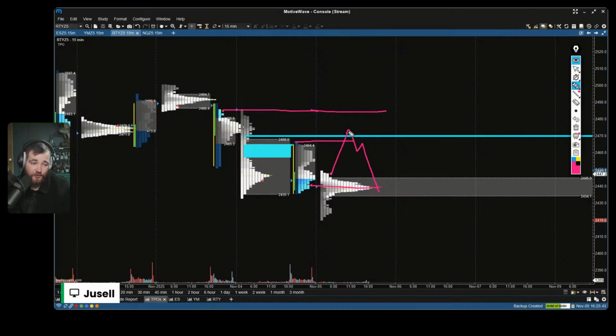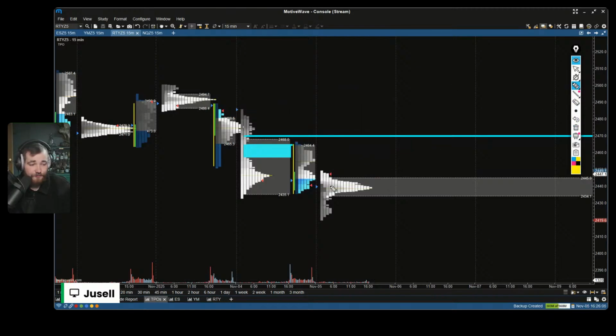This is one scenario. Or the second scenario, if we don't get the entry here, there might be a second chance at the single prints of Monday. I mean, the previous close of Monday, and then we move back to value. That's scenario one.